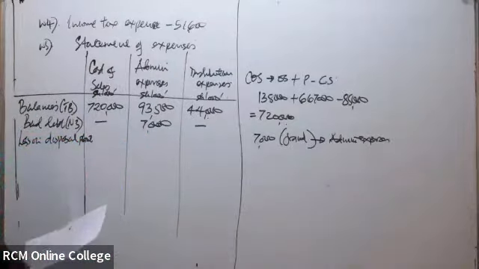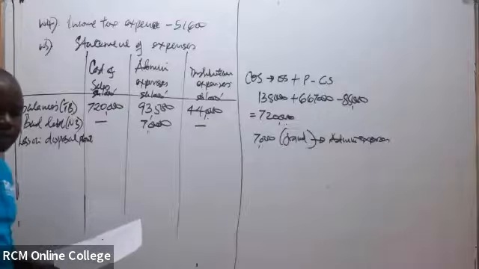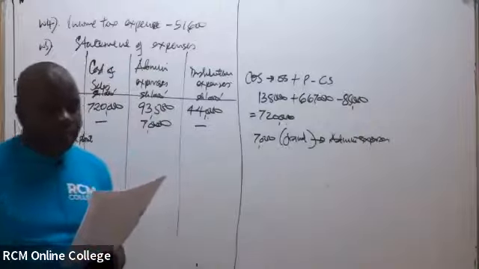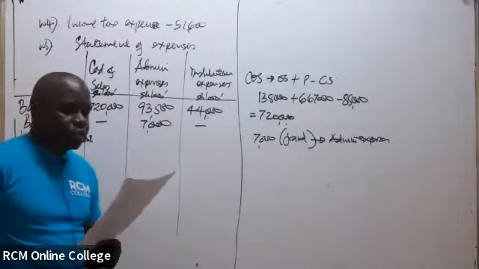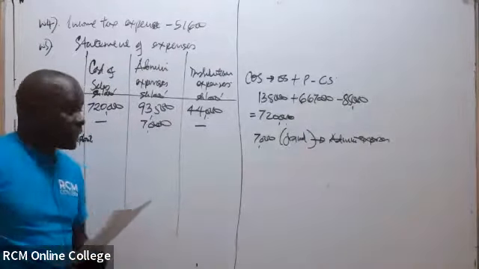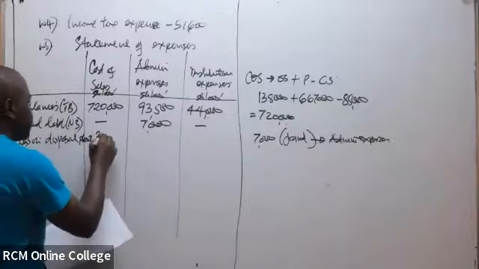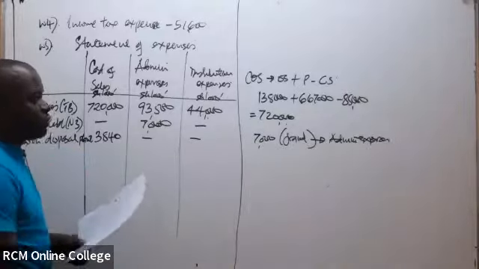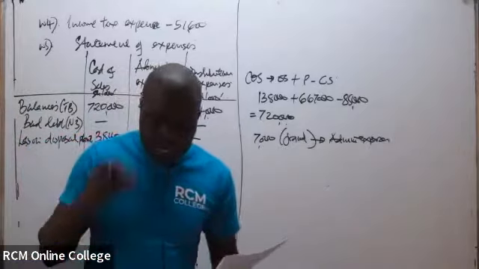We computed it under working number 1. And of course, we said that one will go to the cost of sales, since any gain or loss on disposal of plant should be included within the cost of sales. So we'll allocate it under cost of sales.